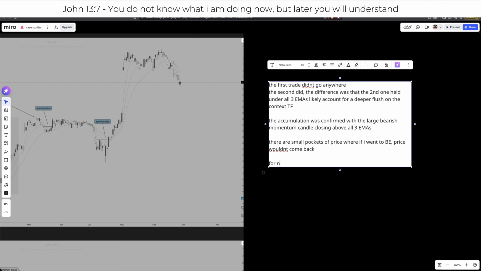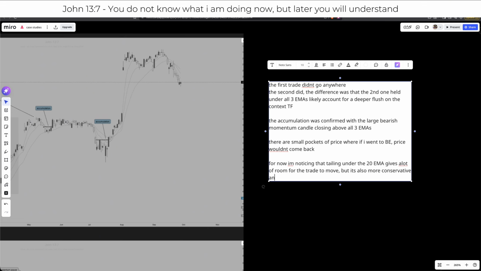For now, I'm noticing that trailing under the 20 EMA gives a lot of room for the trade to move, but it's also more conservative and can lose out on RR if it's really moving.